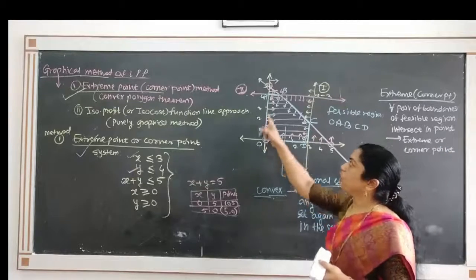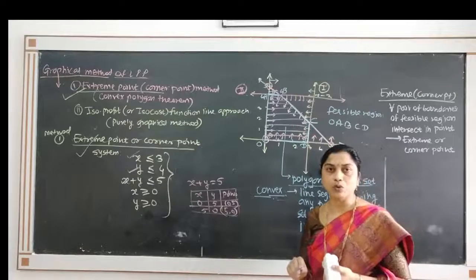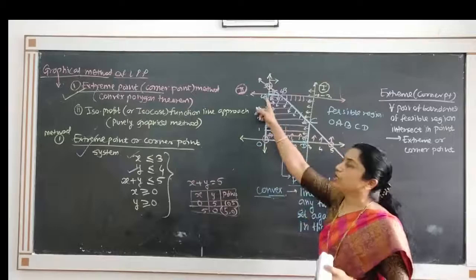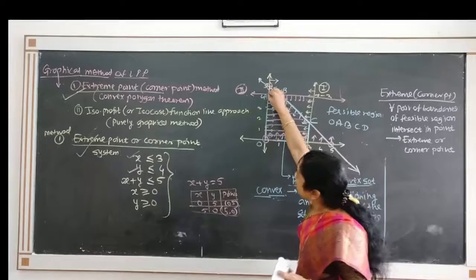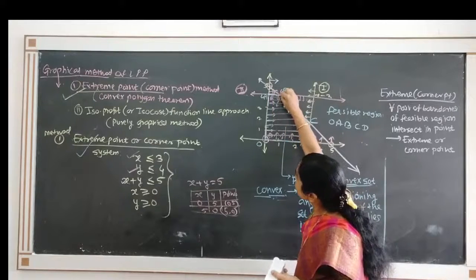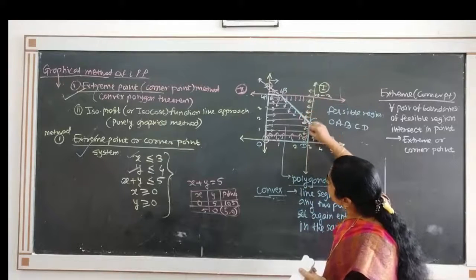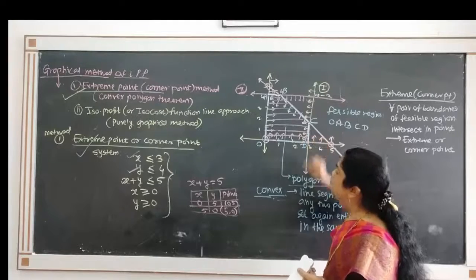So these 5, O, A, B, C, D, are known as extreme or corner points of the feasible region, because A is nothing but the intersection of these two boundaries. B is the intersection of these two boundaries of the feasible region. C is the intersection of two boundaries of the feasible region, and D is also the intersection of two boundaries of the feasible region.